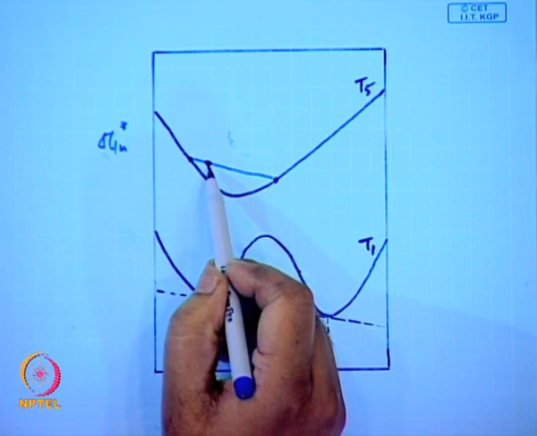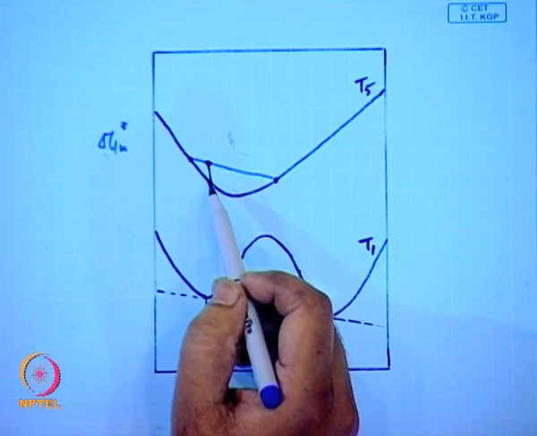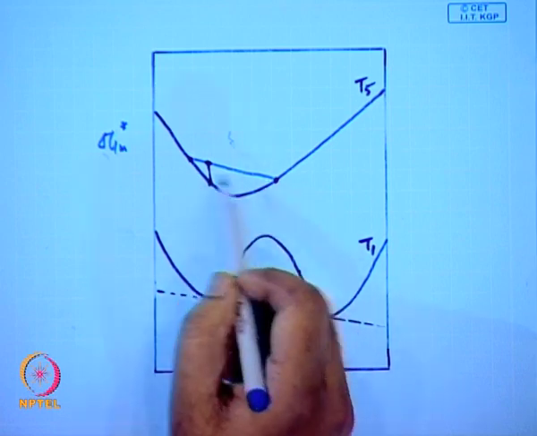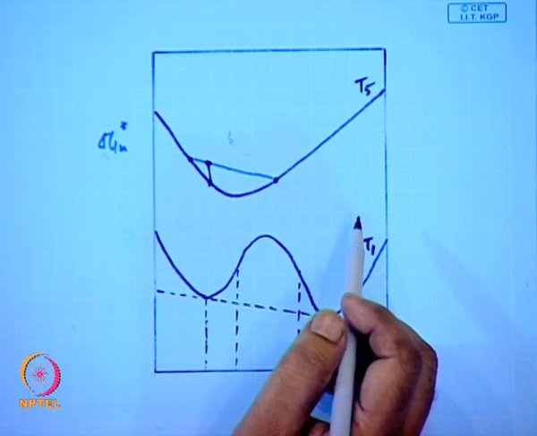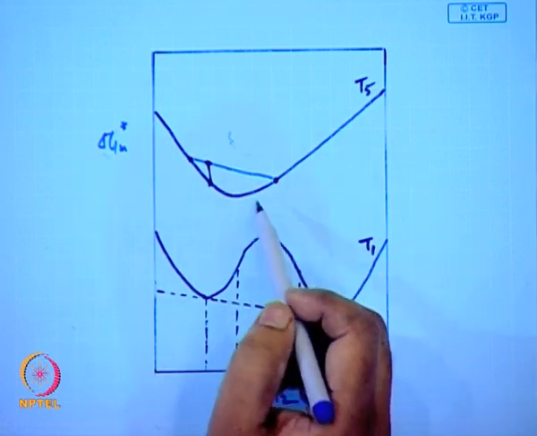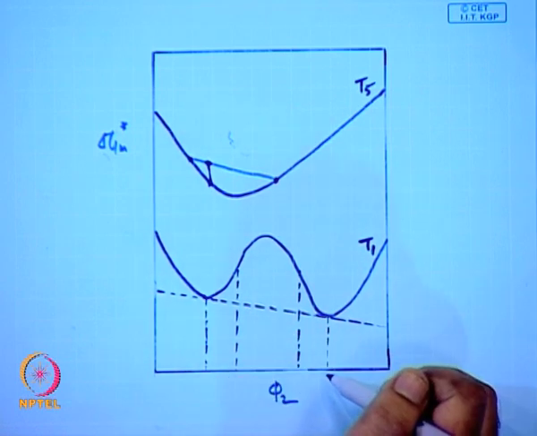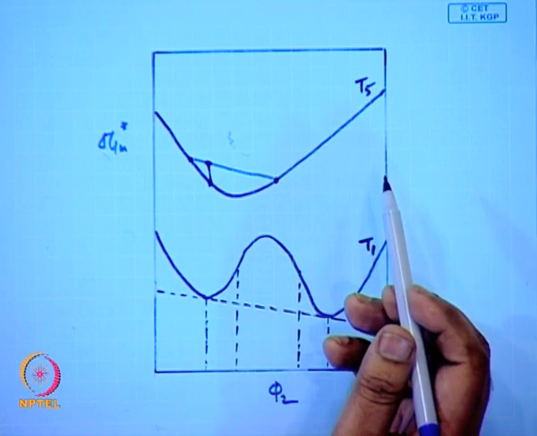Now, this value, if you can see, for any of these points is positive, which means that this process of spontaneous phase separation is thermodynamically not feasible, which also means that each solution along this line, corresponding to different phi 2, is stable.